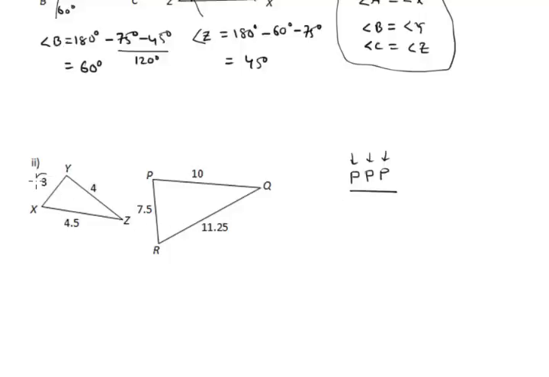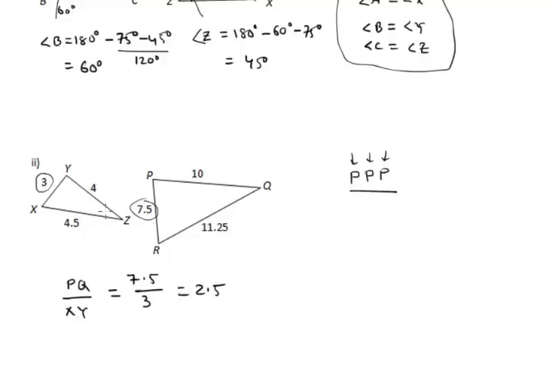We will start with the smallest length in this triangle and the smallest length in this triangle. If we do PQ by XY, that is the smallest arm in this triangle divided by the smallest arm in this triangle, then we get 7.5 divided by 3, which is 2.5.